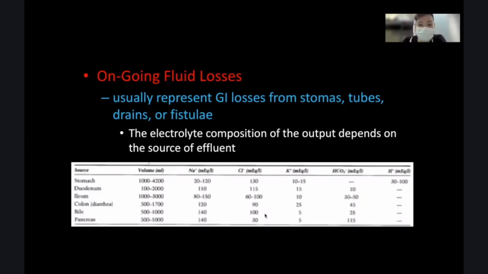When you are in clerkship, we will discuss how to compute and how to replace these electrolytes on top of how much volume you have to give and what type of fluid you have to give in a patient. What is important at your level is to know that it depends on the effluent; the amount of electrolytes being lost varies.